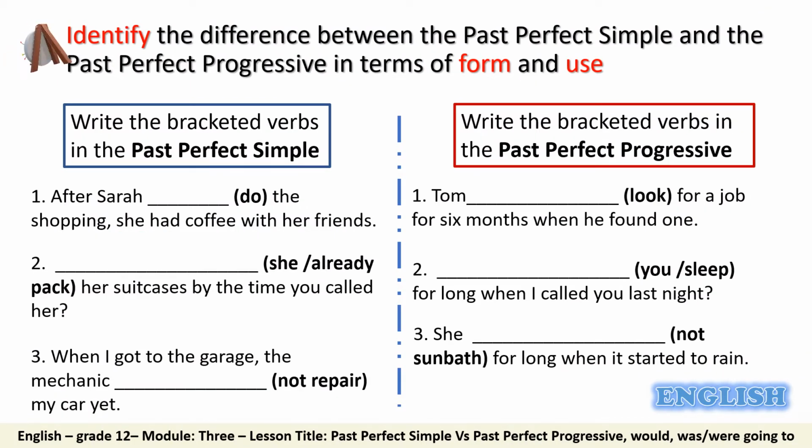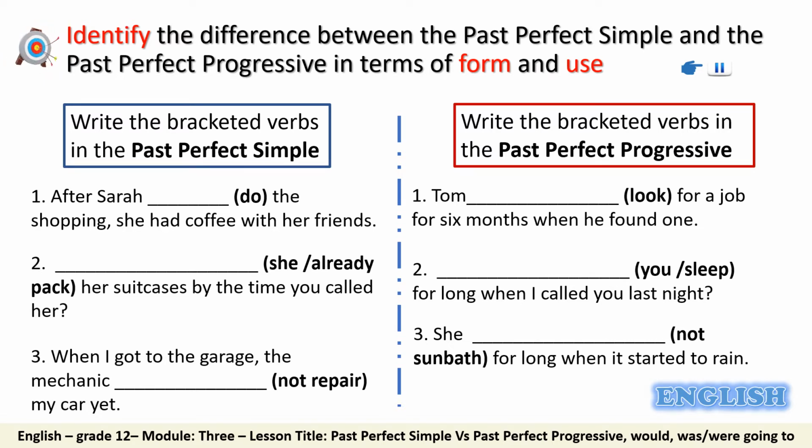Now the practice part. Please pause this video here and write the bracketed verbs in the past perfect simple and the past perfect progressive. Very good. Let's check out the answers. We start with the past perfect simple.